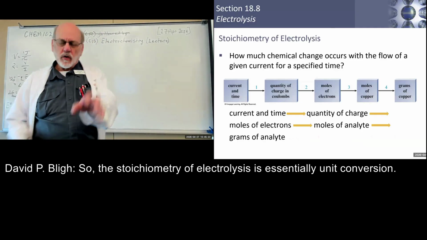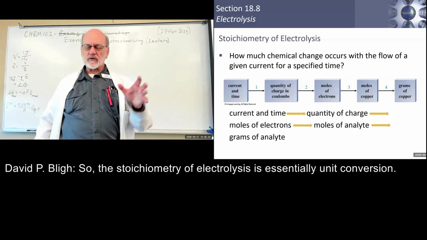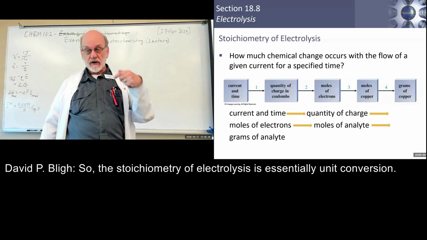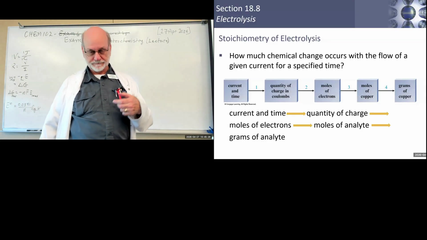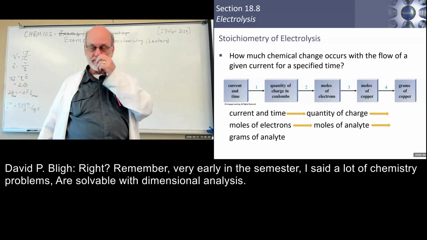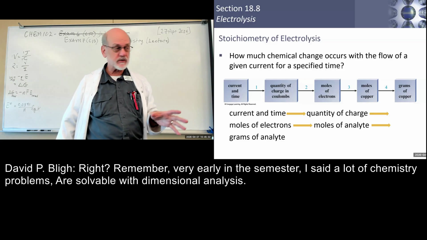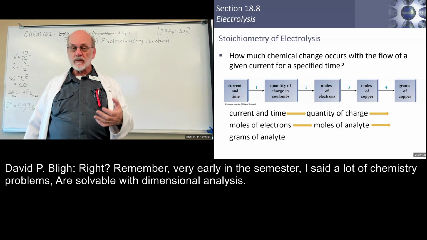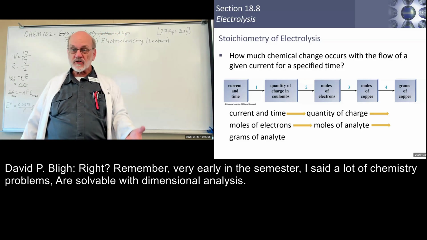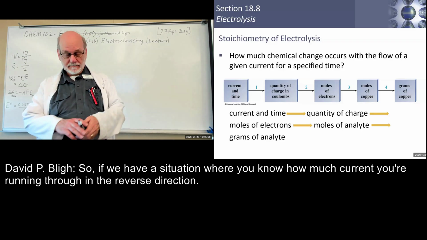All right, so the stoichiometry of electrolysis is essentially unit conversion, right? Remember, very early in the semester, I said a lot of chemistry problems are solvable with dimensional analysis.